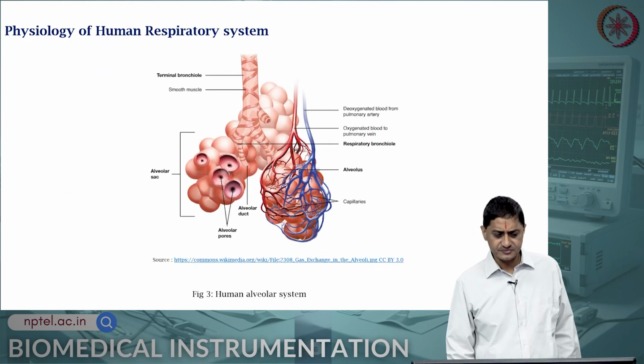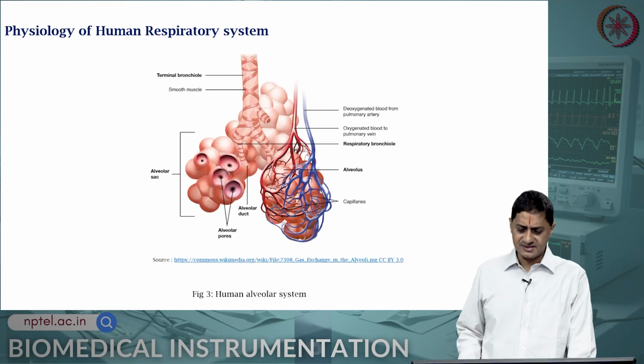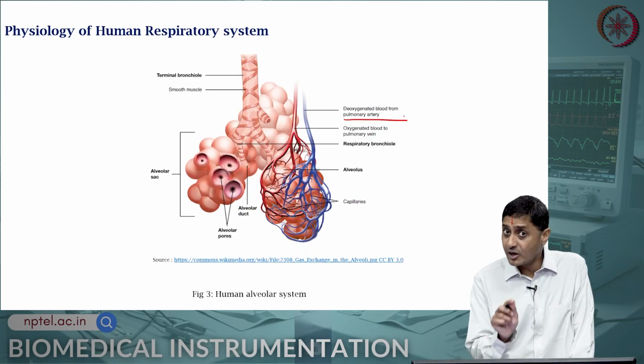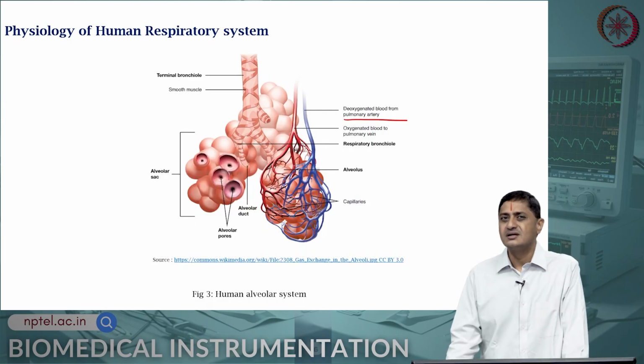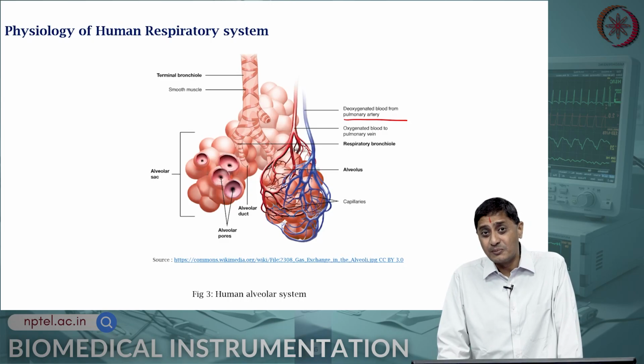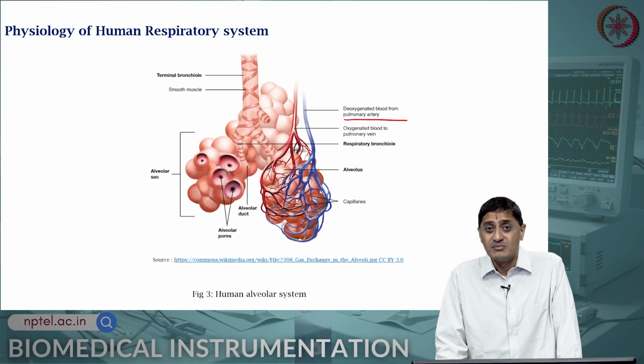Let us proceed. Again, another example of this. So, you have the deoxygenated blood coming from the pulmonary artery. Note, usually it is the artery that carries the oxygenated blood, but in this case aorta and the pulmonary artery carry the blood from the heart. Aorta carries the blood from the left ventricle, which is the oxygenated blood, and the other one is also an artery.